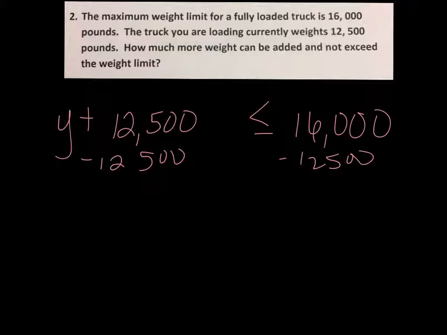And when I subtract those, what do I get? $3,500. Very good. So what I'm going to add cannot exceed 16,000 pounds, so I can add less than or equal to 3,500.